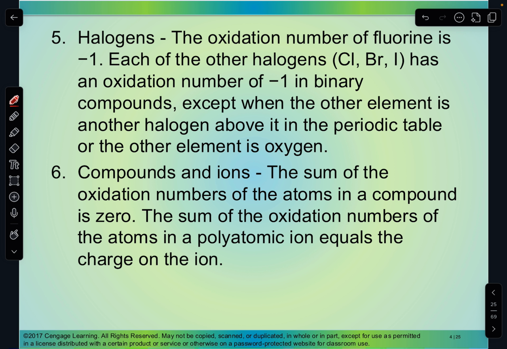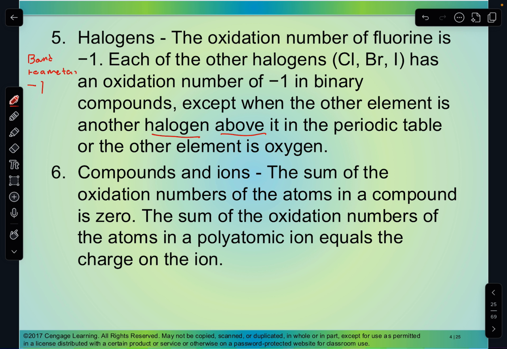Halogens, for most of them, if they're bound to a metal, it's going to be -1. If the other element is another halogen, if it's a different halogen, then it is not going to be -1 for the halogen below it in the periodic table.